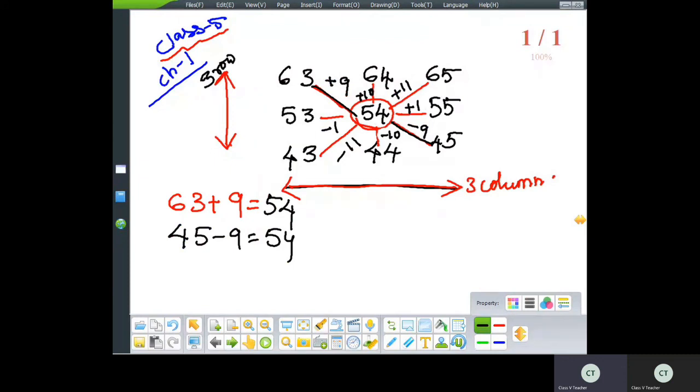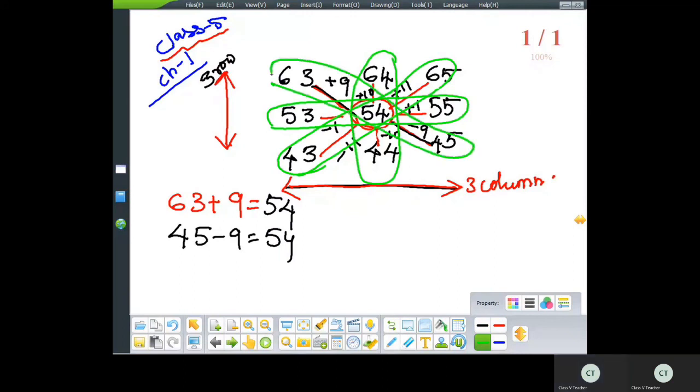Okay. So now the sum of all the diagonals are equal. So what are the diagonals? These are the diagonals. Now let us see whether the sum is equal or not. So let me check it.